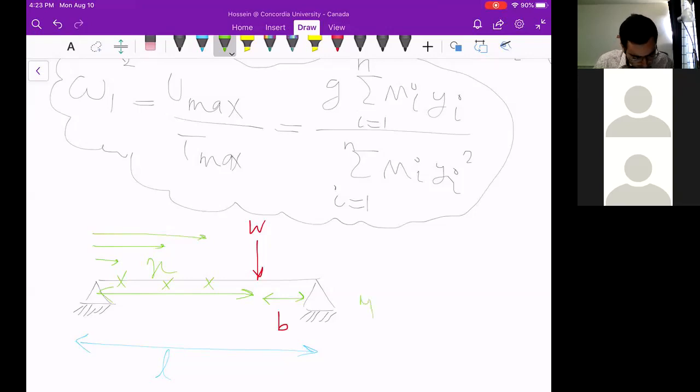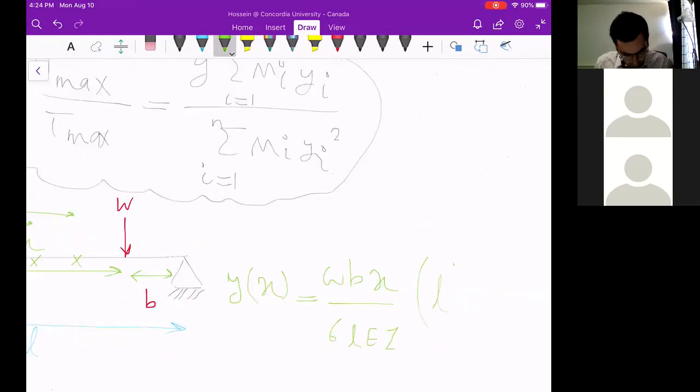the deflection for this configuration, be careful, where the point load has a distance B from the other side, while at the left side, at any point like this, the deflection is going to be W, the magnitude of the point load, multiplied by B, the distance of the point load from the other constraint, X, the distance from the left constraint to a specific point, divided by 6 L E I, times L squared minus X squared minus B squared.